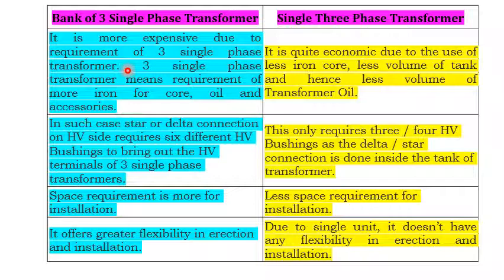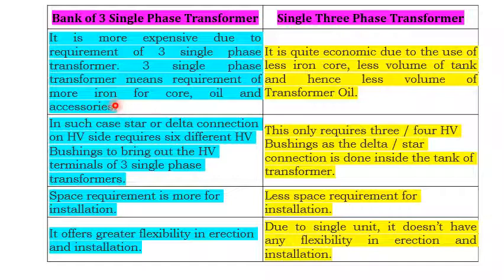That means a higher cost, as it is more expensive due to the requirement of three single phase transformers. Three single phase transformers means a requirement of more iron for the core, oil and accessories, and this we also need to consider.